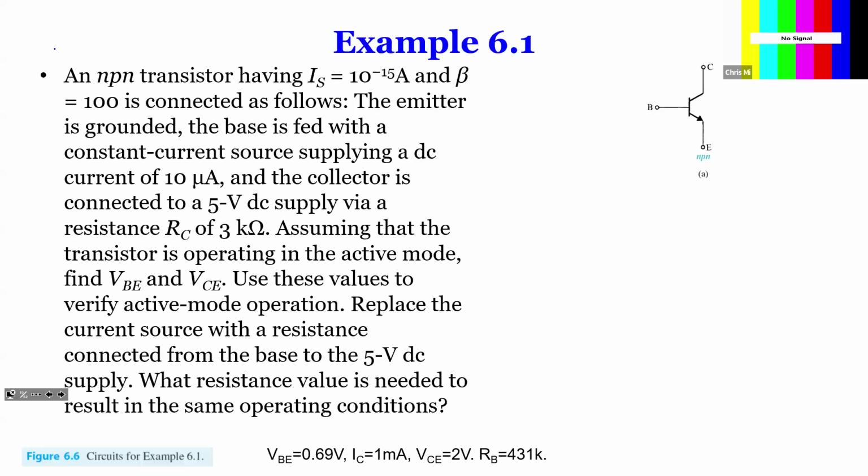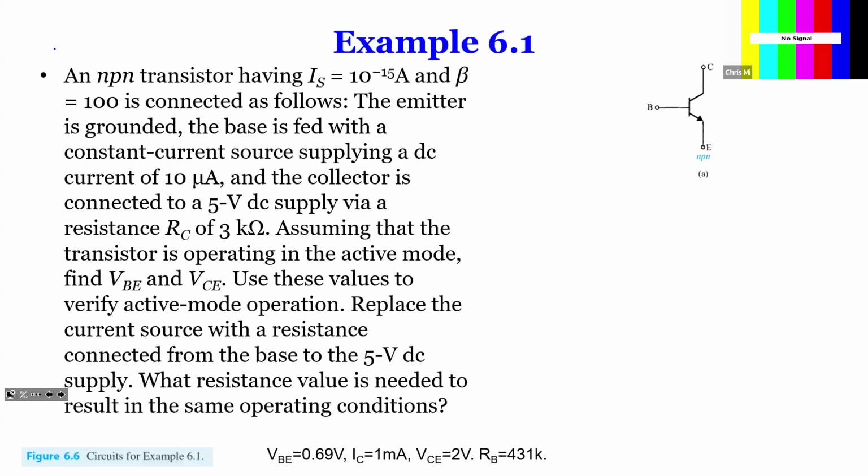And then it says that we have a 5 volts DC power supply, with a 3 kilo ohm resistance at the collector, the emitter is grounded, and there's a current of 10 microamps at the base, right? For these given conditions, we can draw the circuit.